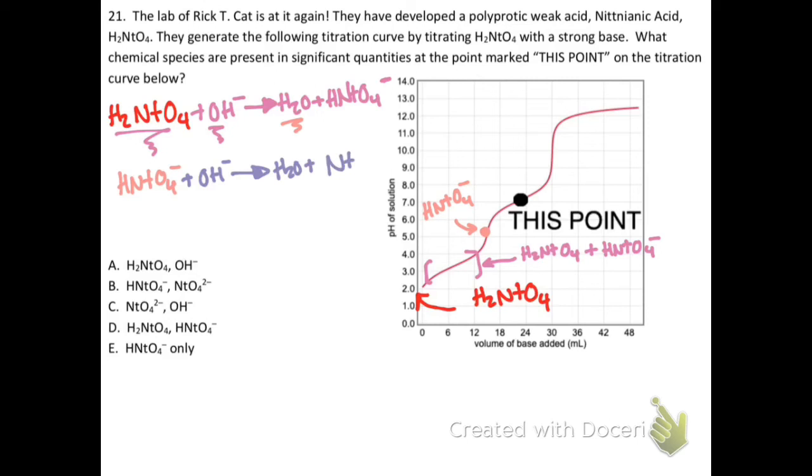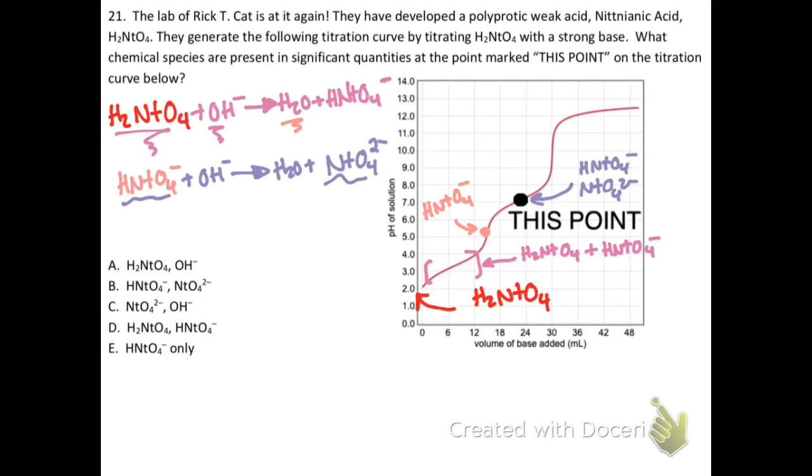And then I guess this would be the nitinate anion, NTO4 2 minus. So as we add both of these in, we're going to use up this and form this, and that's what we're going to have actually at the point that we're asked about. So this is going to be a combination of HNTO4 minus and NTO4 2 minus.